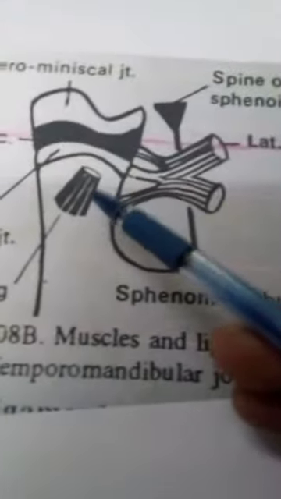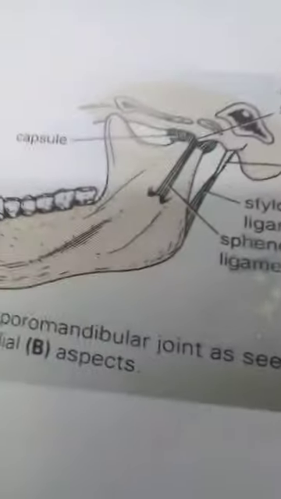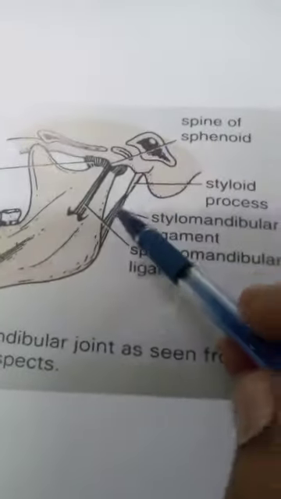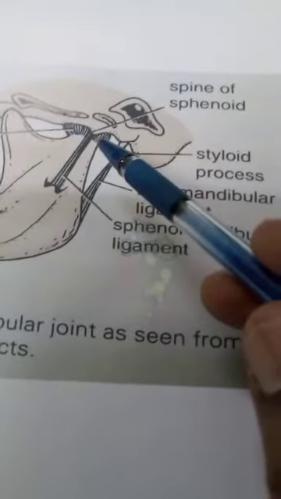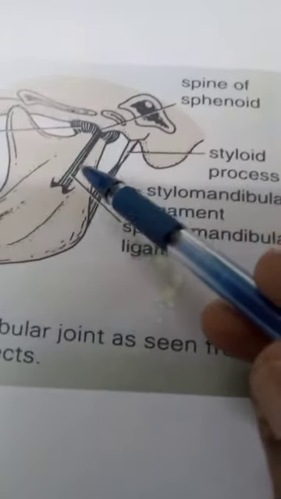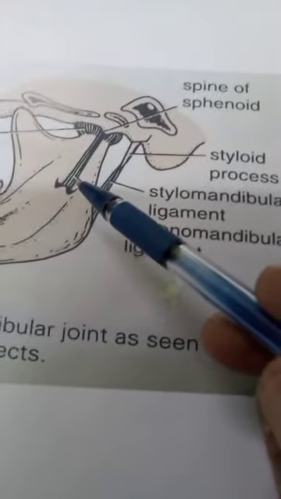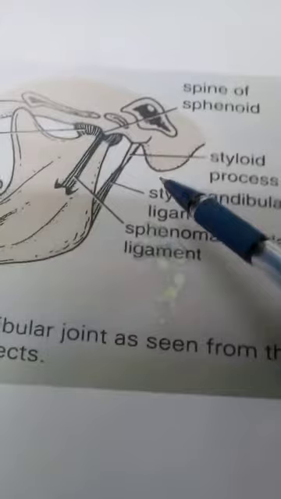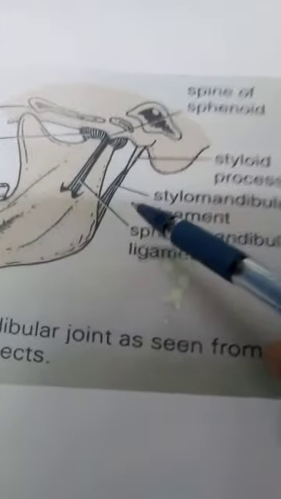Number 3 is the lateral ligament or temporomandibular ligament. And number 4, accessory ligaments, which includes sphenomandibular ligament from the spine of the sphenoid to the mandible, and stylomandibular ligament from the styloid process of the temporal bone to the mandible.